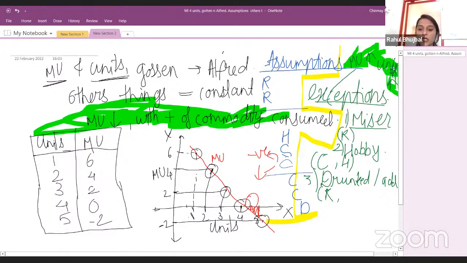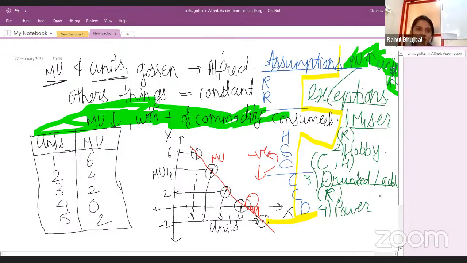Because the person who's intoxicated or who's having such kind of habits will not be considered as a rational person, because he's addicted to drugs, he's addicted to alcohol. So in case of drunkard or addiction, the person won't be considered as a rational person. Okay, after this, which is the fourth point?